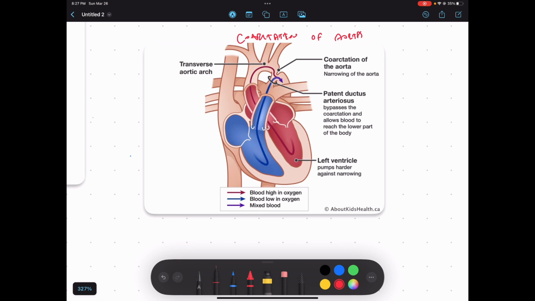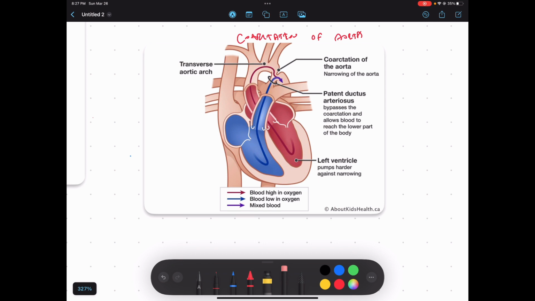And in this neonatal cardiac issue, which is, of course, one of many neonatal cardiac issues, the main problem is that there's narrowing of the aorta here. And so the amount of oxygenated blood that gets to the lower parts of the body is quite limited.